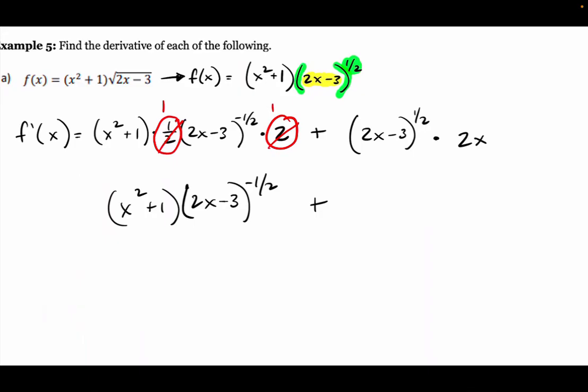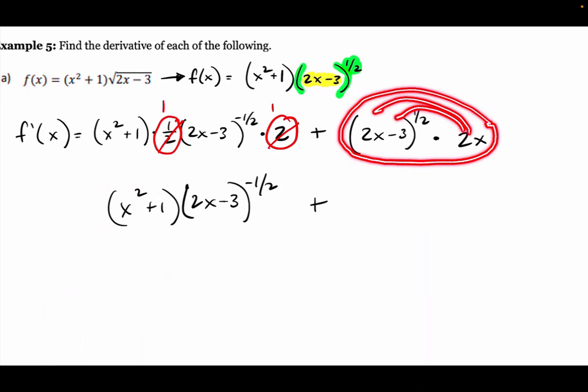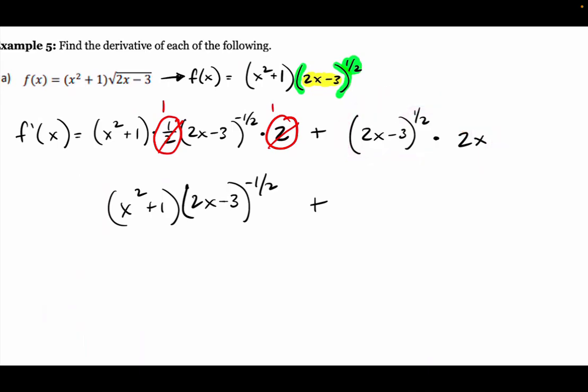The other guy, the other side, it's really one big binomial. I can't distribute the 2x because of the power. So I'm just going to write 2x minus 3 to the 1/2.